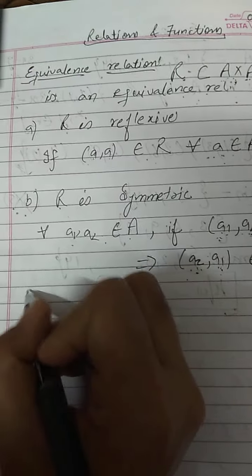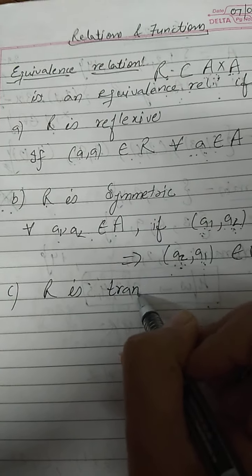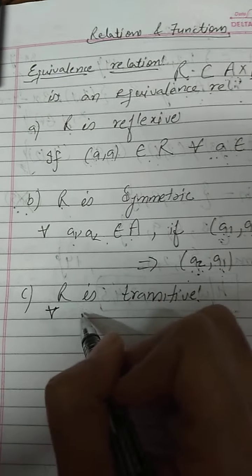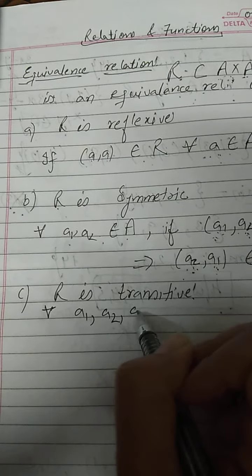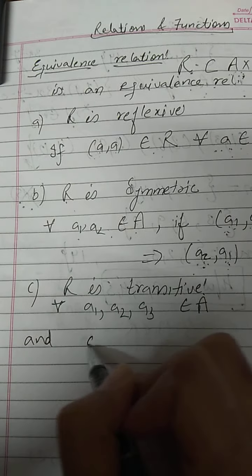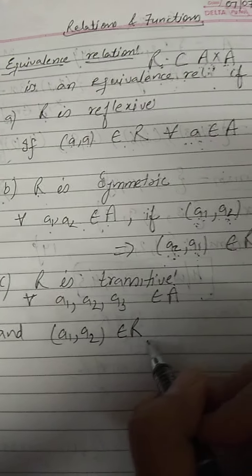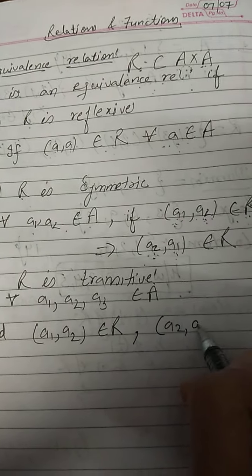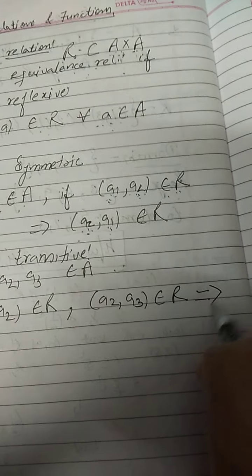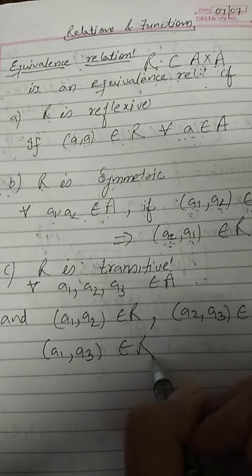And the third condition is R is transitive. Now what does it mean? Transitive means if I take three elements A1, A2, A3 belonging to the set A, and (A1, A2) belongs to the relation, another ordered pair (A2, A3) belongs to the relation, implies (A1, A3) also belongs to the relation.